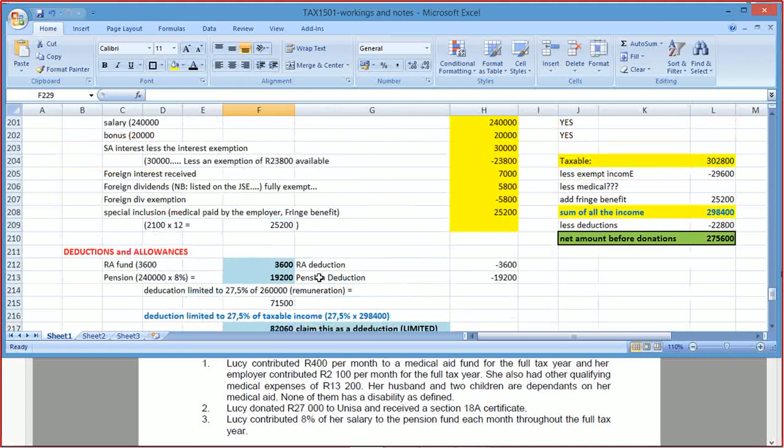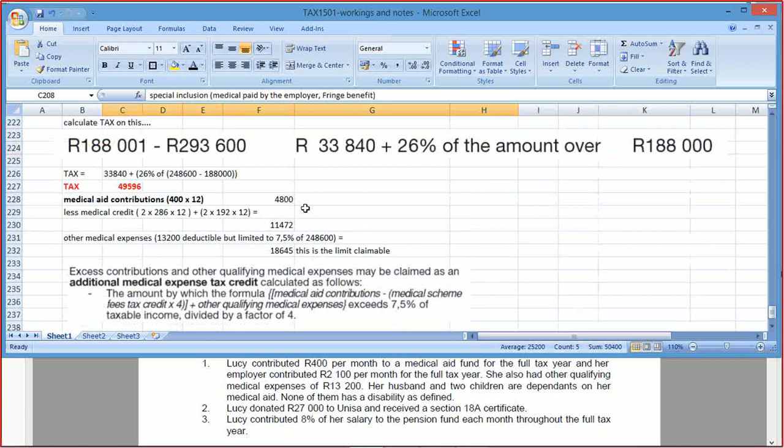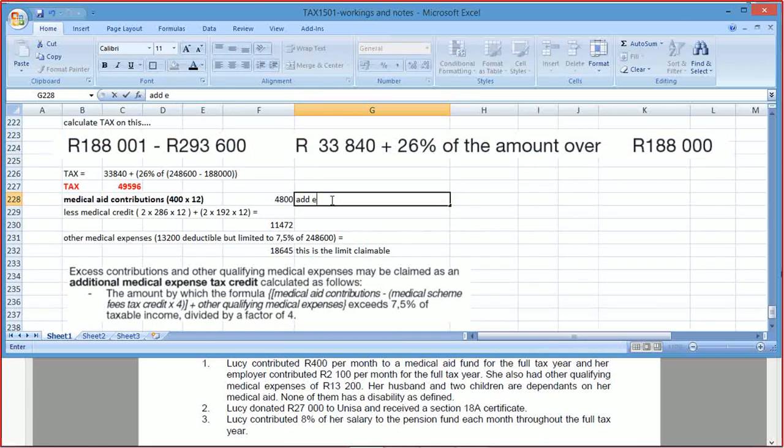Okay, that's how much you contributed during the year. 400 times 12. Okay, it's 4,800. Right, the employer also contributed. How much did the employer contribute? Where was that? There, special inclusions. Okay, so how much did they contribute?